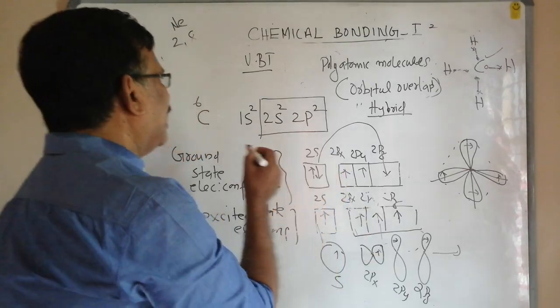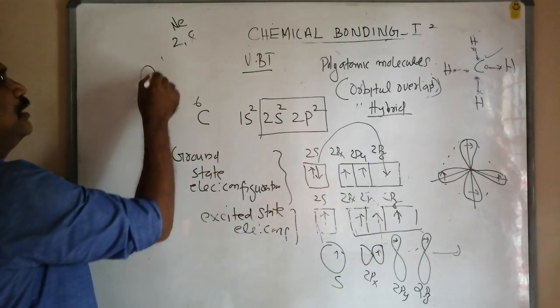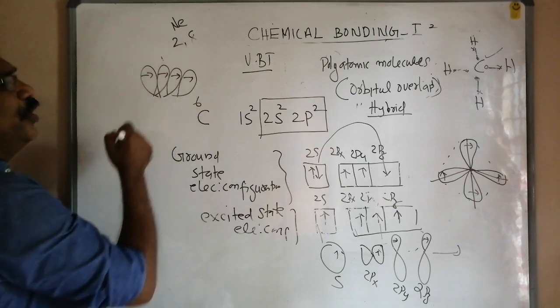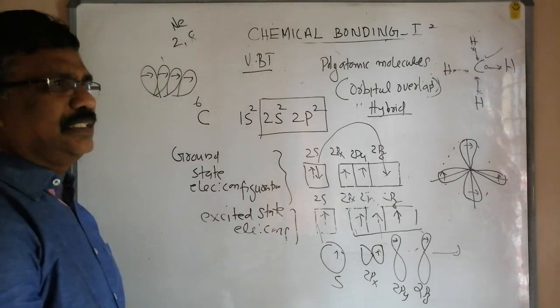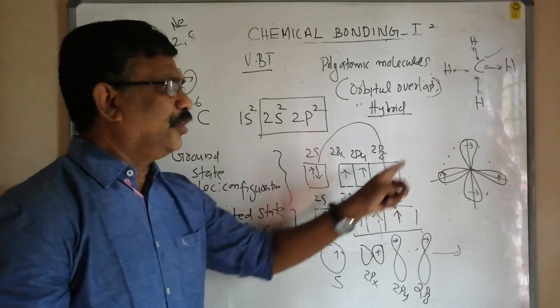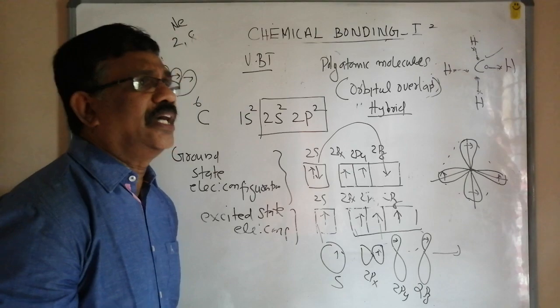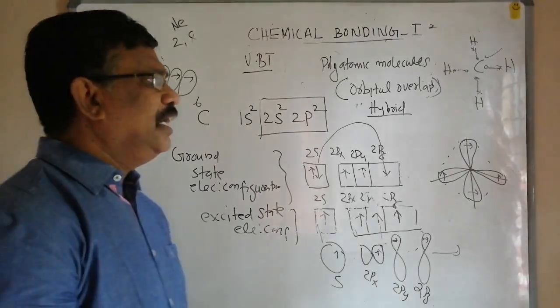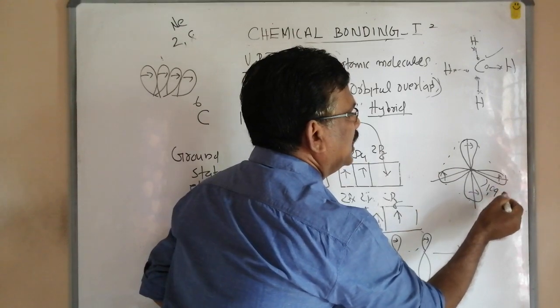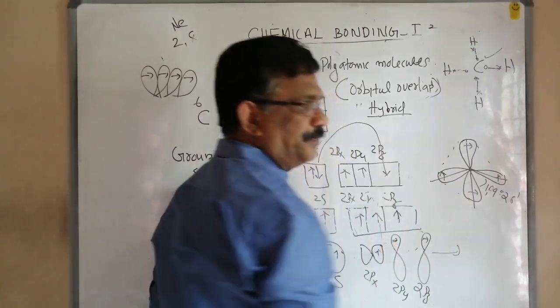These 4 orbitals are not arranged like the petals in a flower. They are arranged along the 4 corners of a regular tetrahedron. Why are they arranged along the 4 corners of a tetrahedron with bond angle 109 degrees 28 minutes?